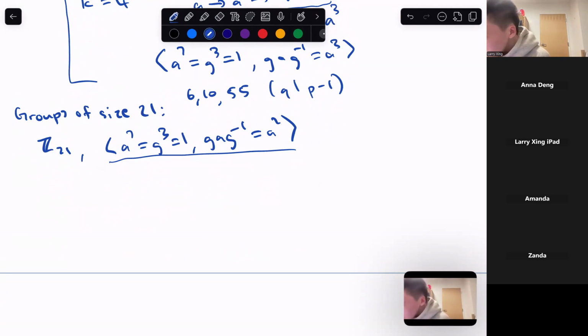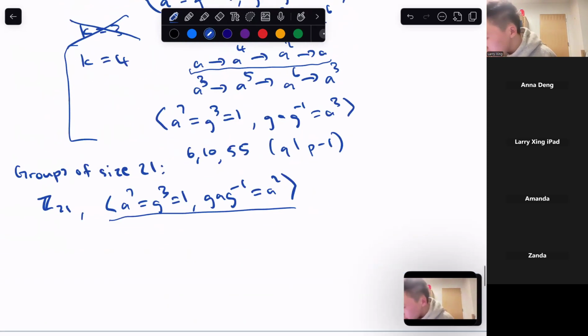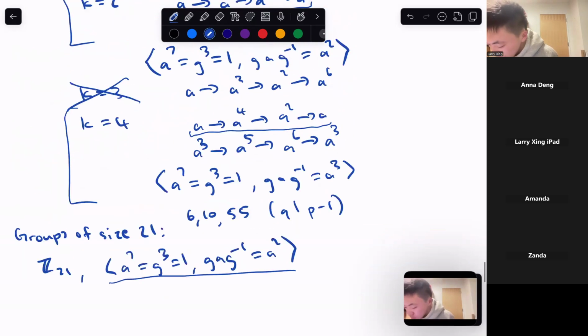And we can show actually that those are the only two groups for, I think, all of them. Yeah, I think these are the only two groups of size p times q, where q divides p minus 1.